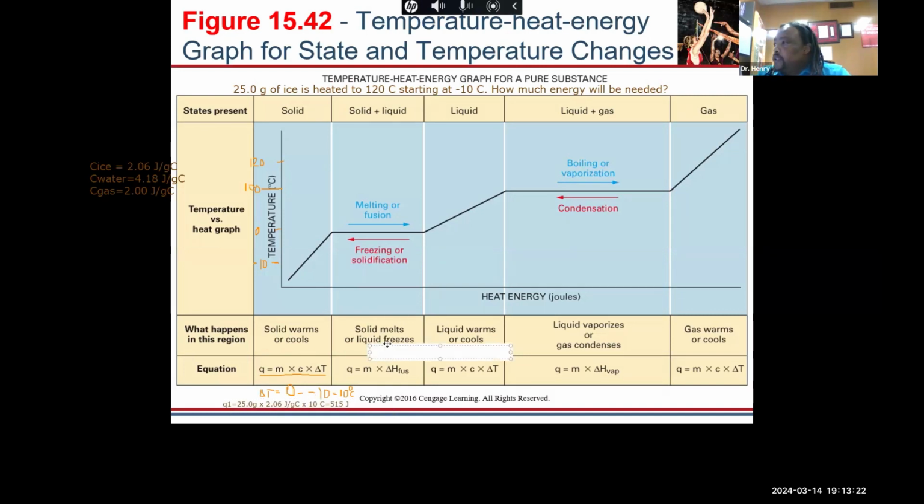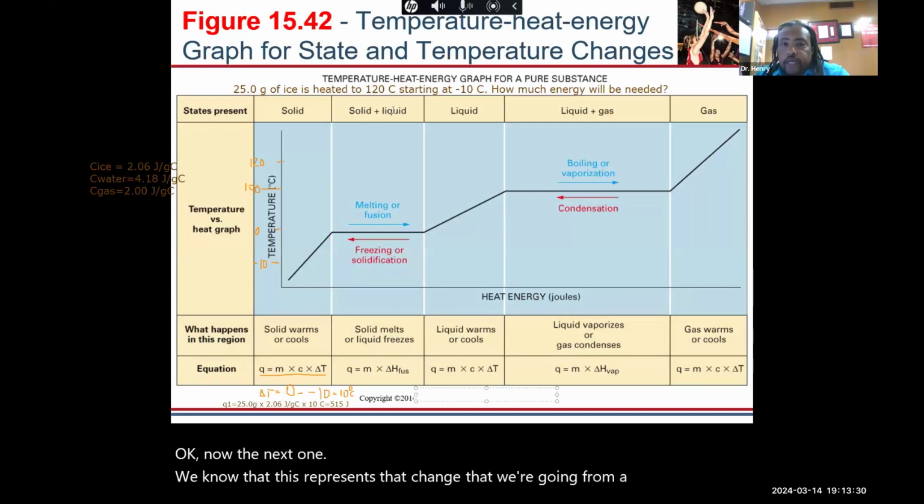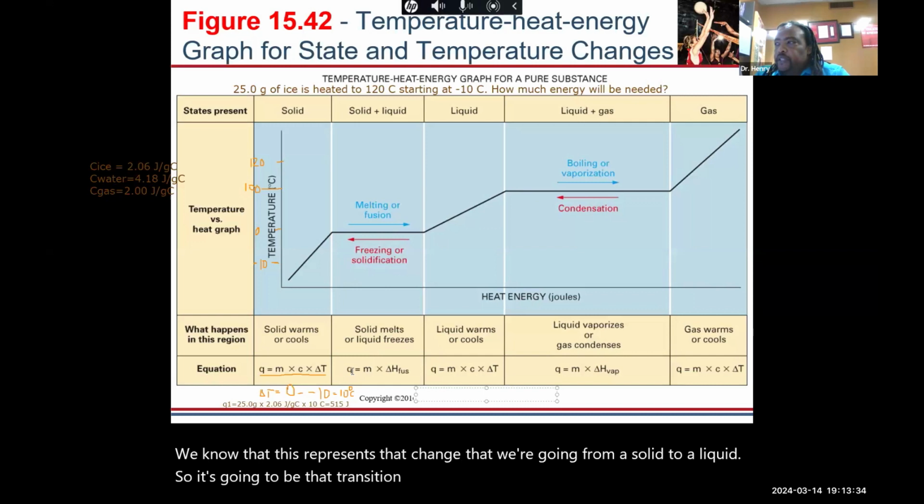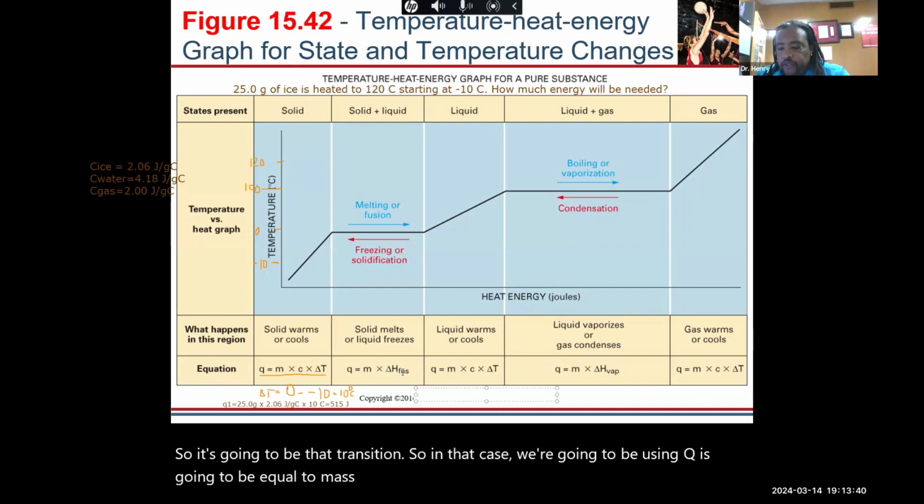Okay. Now the next one, we know that this represents that change, that we're going from a solid to a liquid. So it's going to be that transition. So in that case, we're going to be using Q is equal to mass times our delta H fuse.